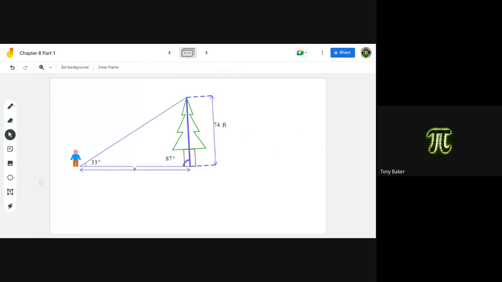Is this like the law of cosines? No, you don't need the law of cosines for this. This is the law of sines. But we are going to do the law of cosines in a second. That's the next problem I'm going to do. So there are laws for all of them? No, there's only the law of sines and the law of cosines.